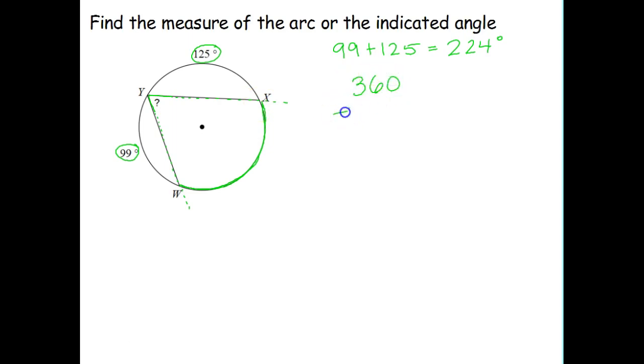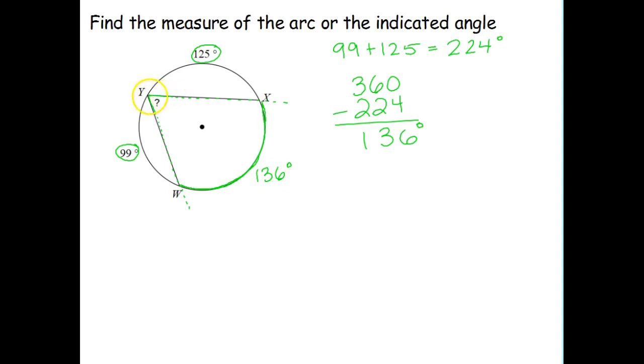So if we take 360 and subtract 224, we get 136 degrees. So we know that the arc from W to X is 136 degrees. Now, if this was a central angle, the angle itself would also be 136 degrees because central angles are equal to their intersected arc.